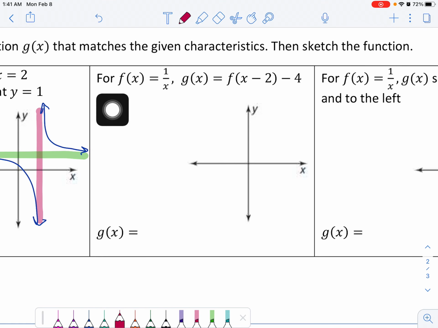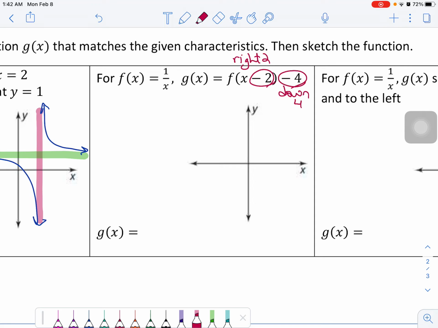All right. So we're given f of x is 1 over x, and we've got a couple transformations that we're going to make here. So let's see, minus 2, that's going to be right 2, and then minus 4 is going to be down 4.